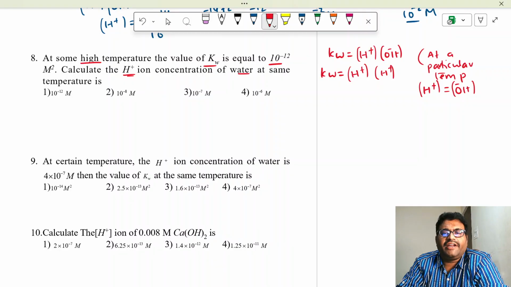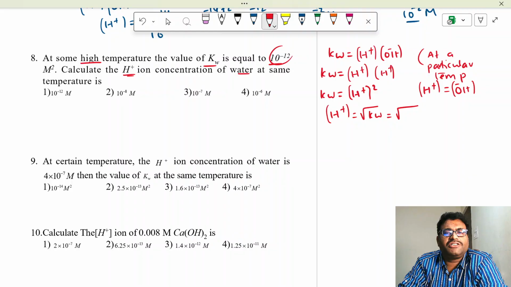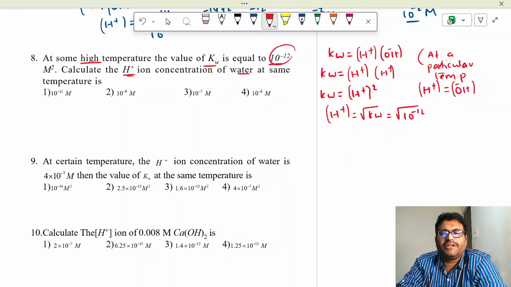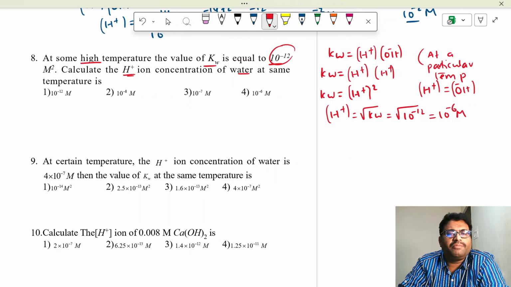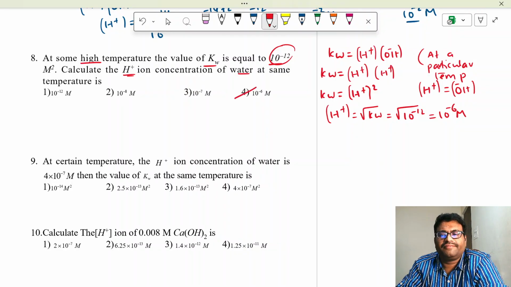So Kw is equal to H plus ion concentration square. H plus ion concentration is equal to root Kw, that is equal to root of 10 power minus 12, which is equal to 10 power minus 6 molar. Okay, so 10 power minus 6 molar.